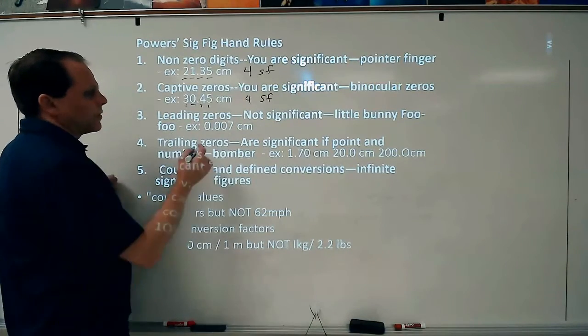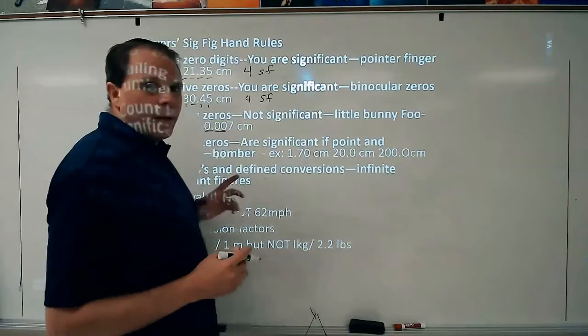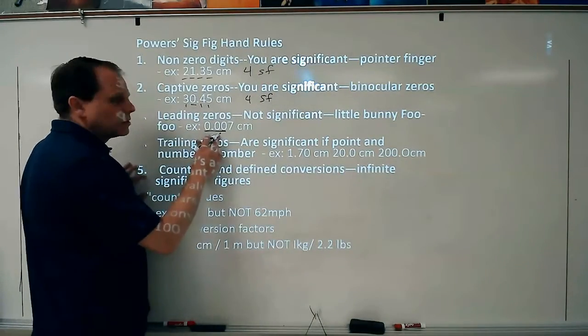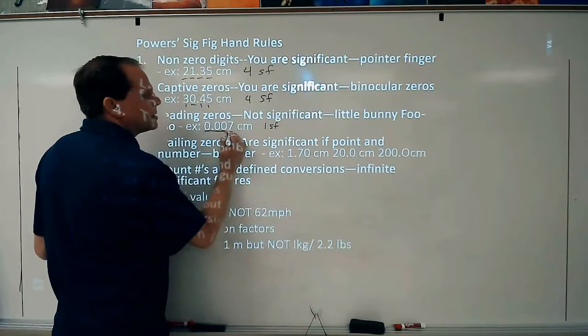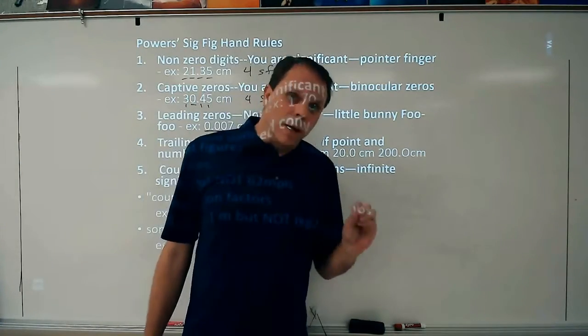Leading zeros are not significant. Here's our little bunny foo-foo. Those 3 zeros were leading, okay? Because they lead to 7, then none of those zeros are significant. There's only 1 sig fig there. Just that little 7 is the only thing that's significant. And again, remember that those leading zeros are just placeholders, okay?